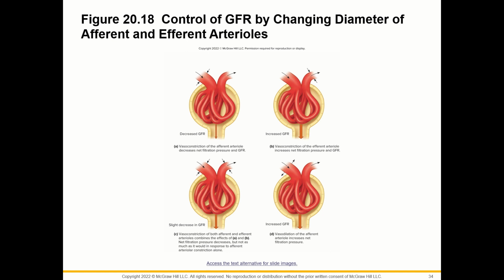Figure C shows a slight decrease in the glomerular filtration rate. Vasoconstriction of both afferent and efferent arterioles combines the effects of A and B. Net filtration pressure decreases, but not as much as it would in response to afferent arteriolar constriction alone. In Figure D, we see increased glomerular filtration rate. Vasodilation of the afferent arteriole increases the net filtration pressure.